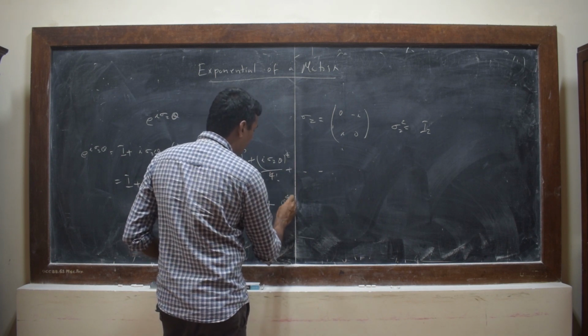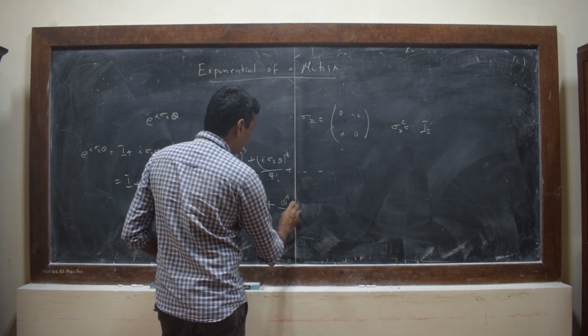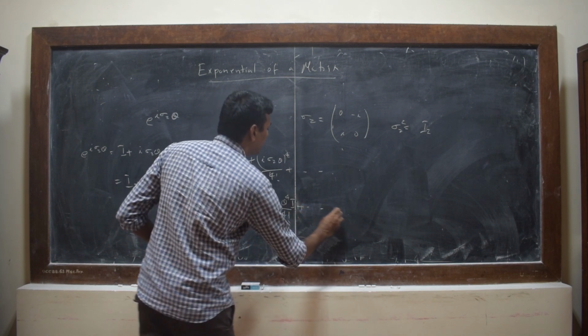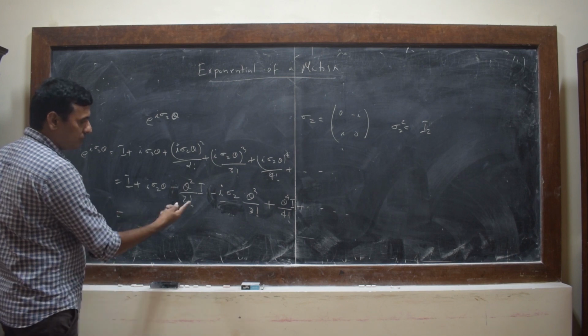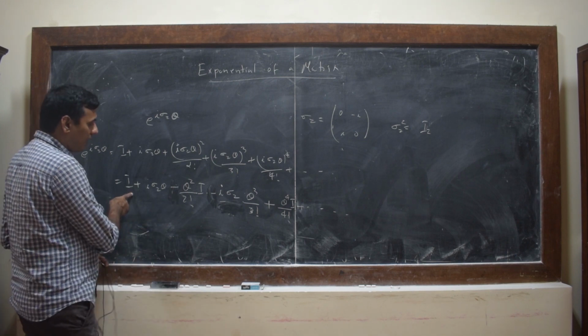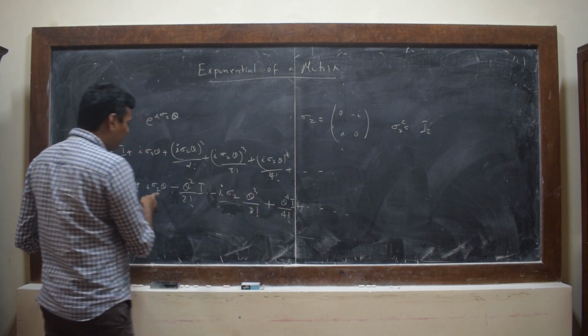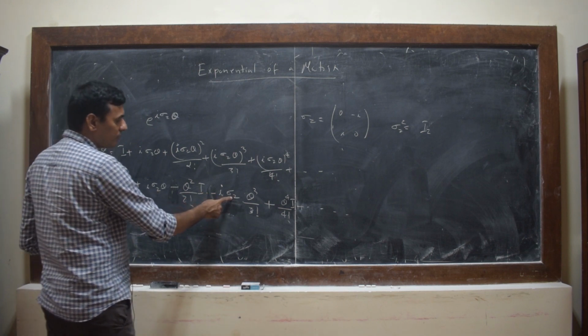So theta raised to 4 divided by 4 factorial into identity plus etc. So this is equal to, and now we will have two types of terms: the terms which will have the identity matrix, and then the terms which will have sigma 2.